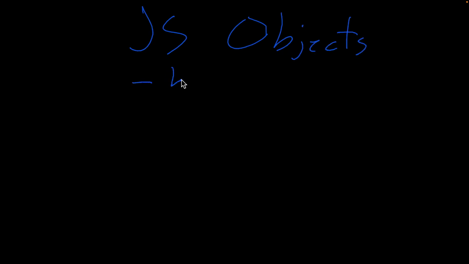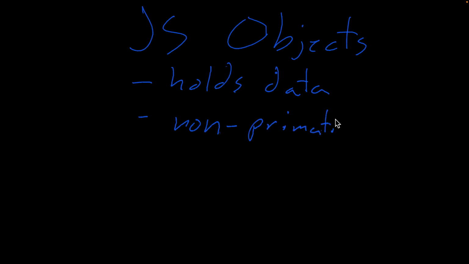So JavaScript objects. It holds data, non-primitive, means it's not just a simple value.